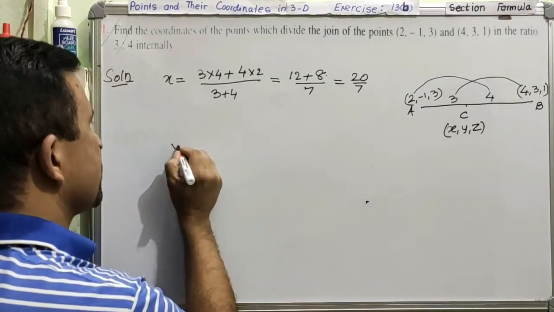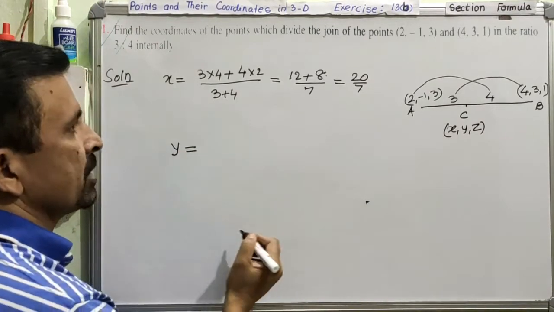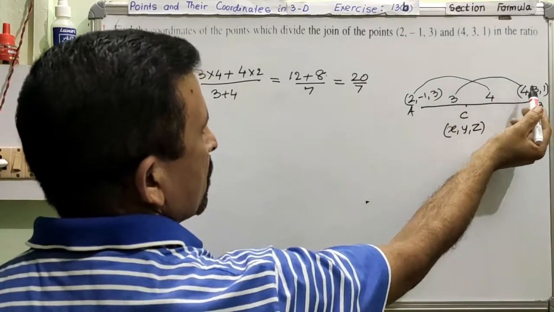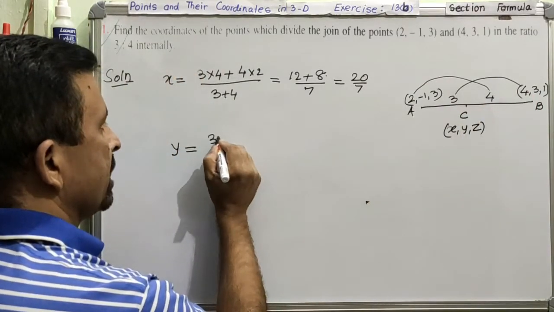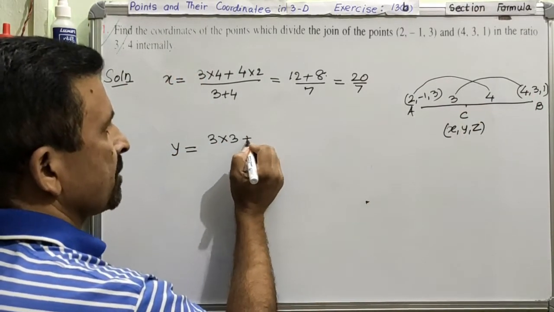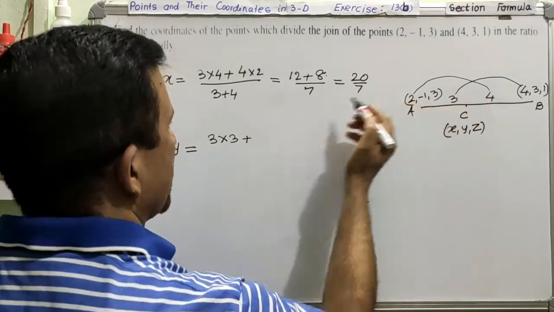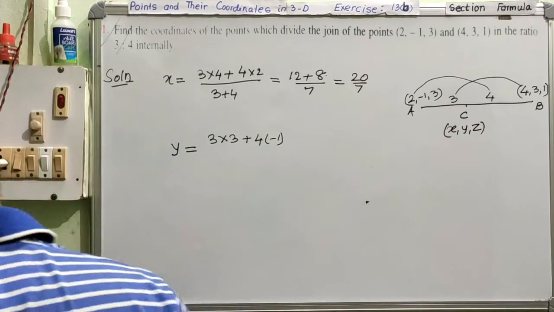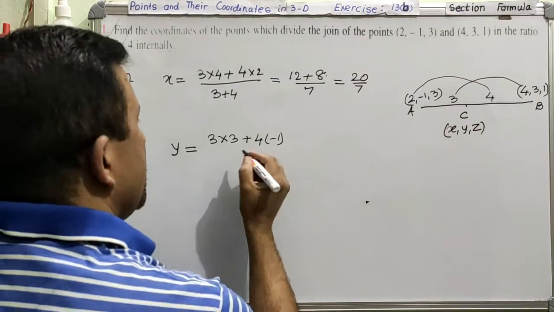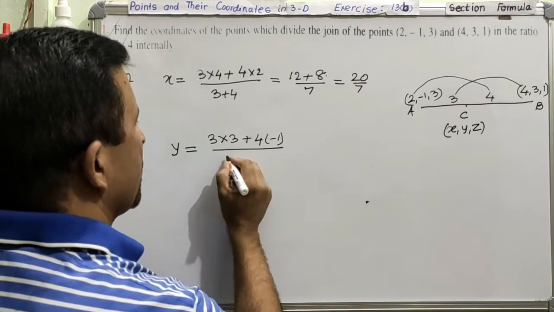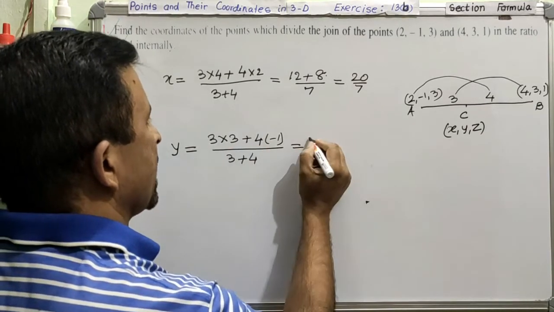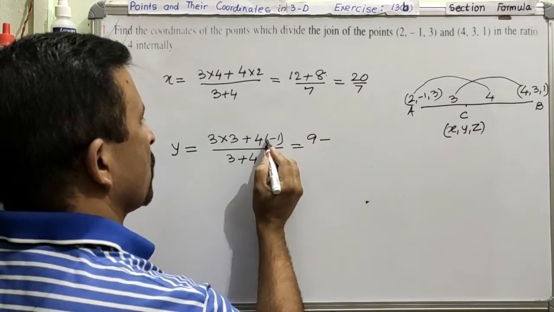Now likewise we will calculate the value of y. So just replace this x by y. So 3 into 3 plus 4 into minus 1, divided by 3 plus 4, is equal to 3 3s are 9 minus 4 1s are 4.